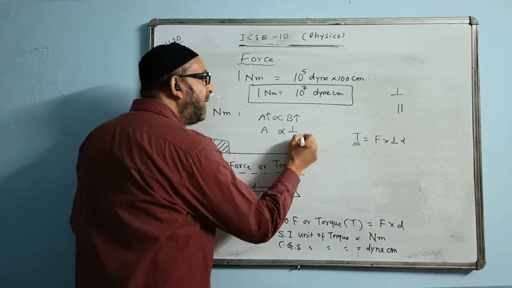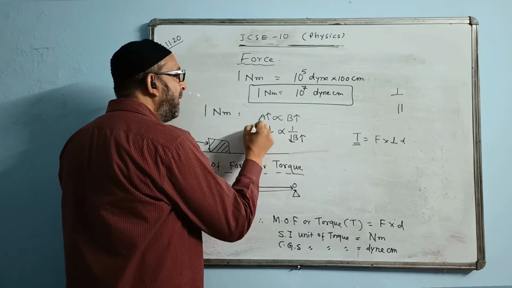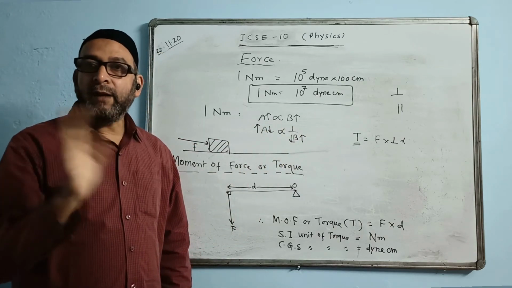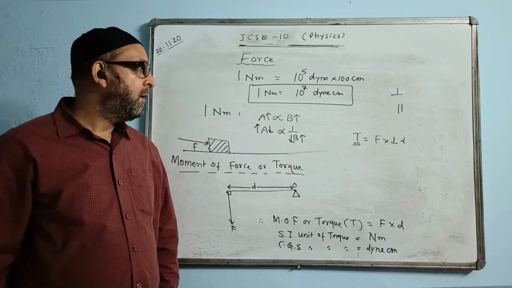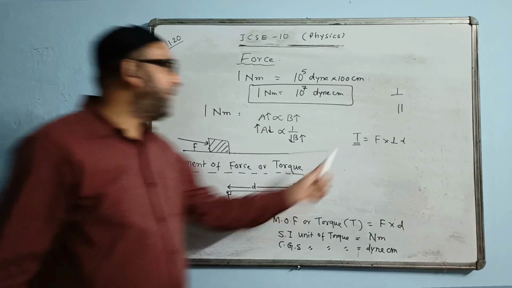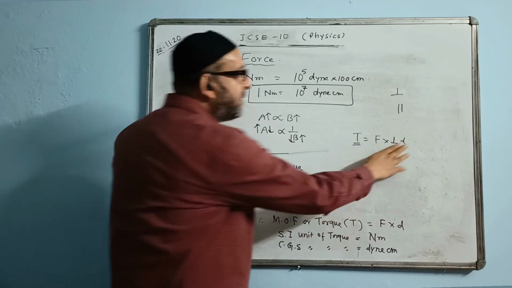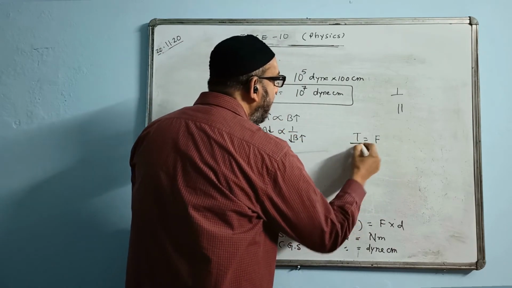When B increases, then A decreases. When B decreases, then A increases. The reverse will happen, I mean the opposite will happen. In the same way, between F and d, what type of relationship is there? This d will be brought to the other side of the equation, it will come in division like this.